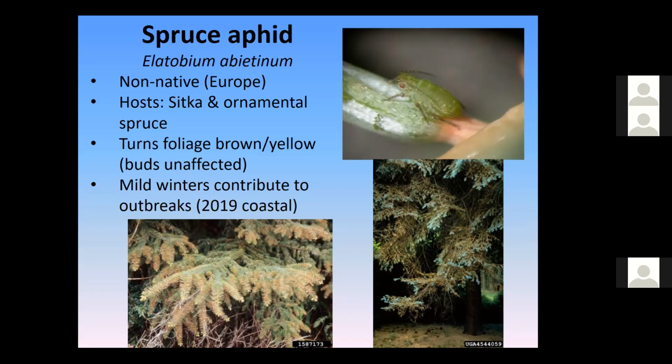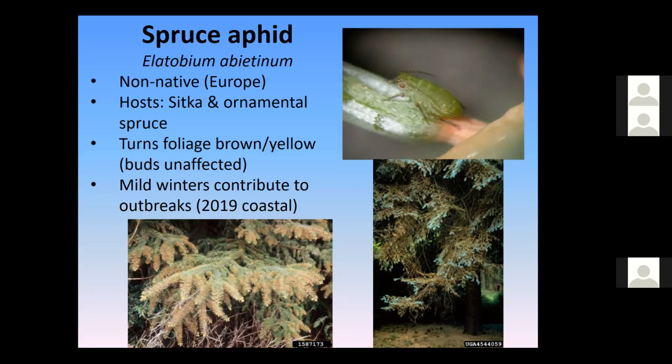And so the last big outbreak of spruce aphid, I think it was around 20. Okay, I'm not going to say the year because I can't remember exactly. But you can see the weather pattern was similar for the 2019 outbreak.